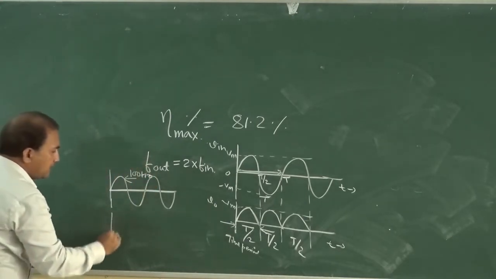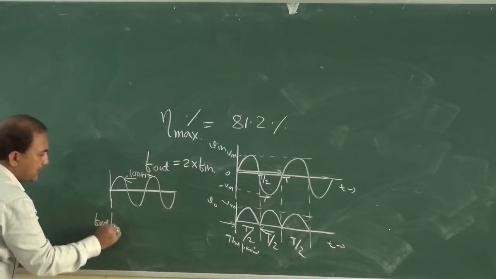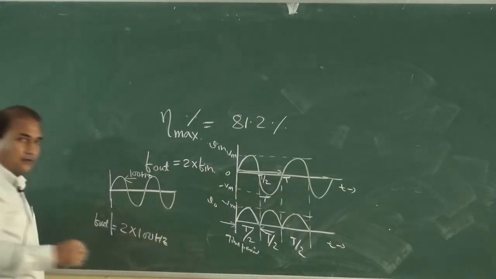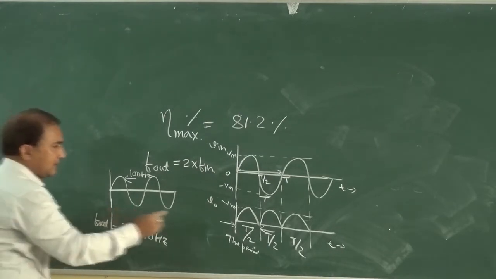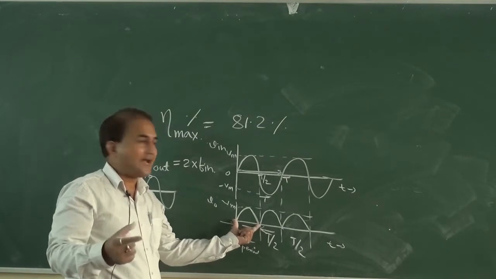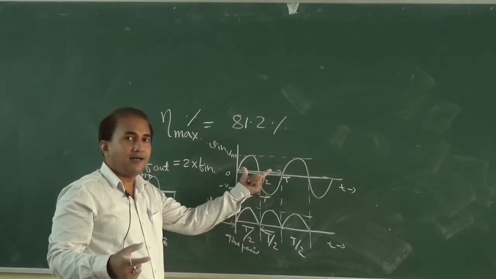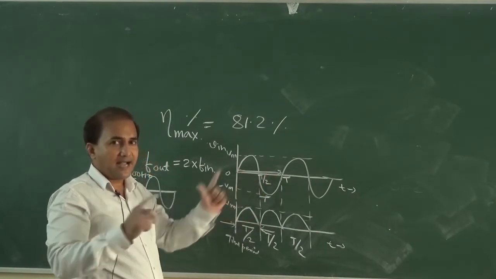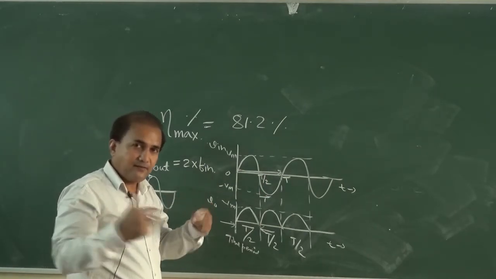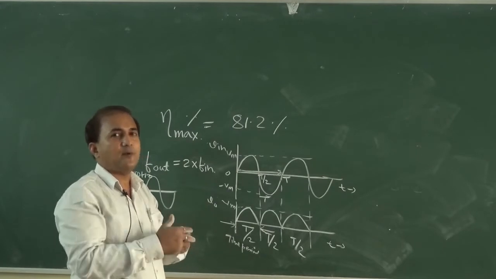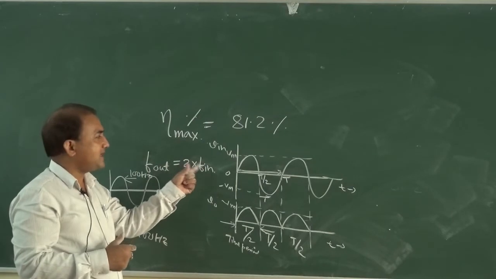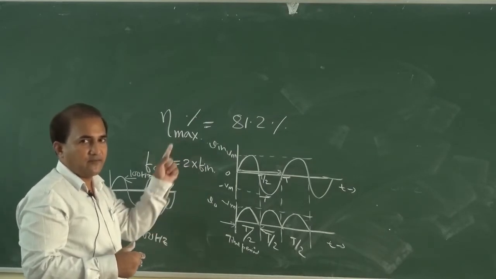Then the F output frequency will be 2 into 100 Hz, because this time period is reduced to half as compared to the time period of the input signal. Time period and frequency are both inversely proportional. So F output is equal to 2 times F in, in case of a full wave rectifier circuit.